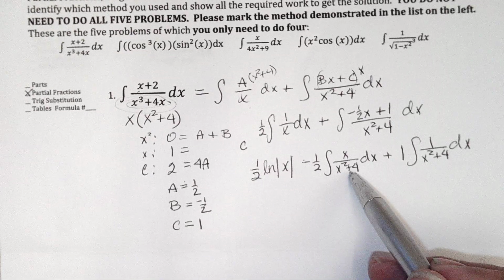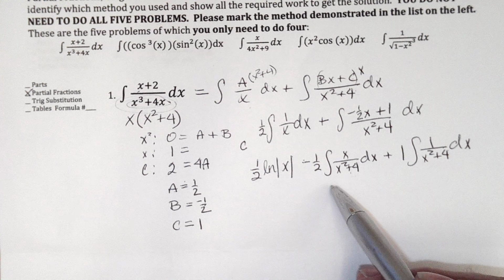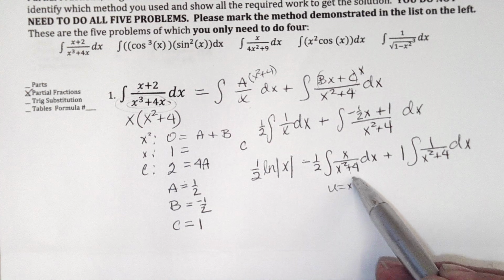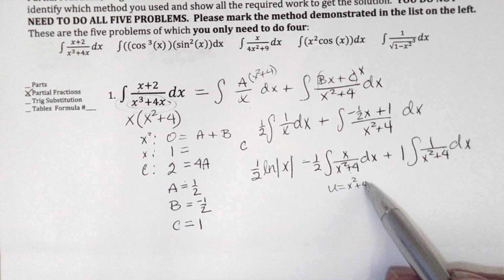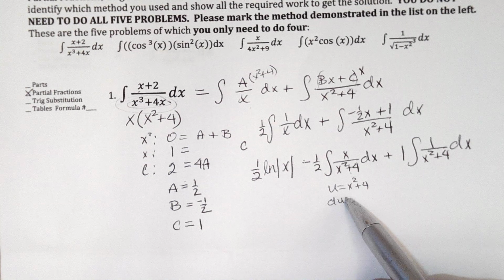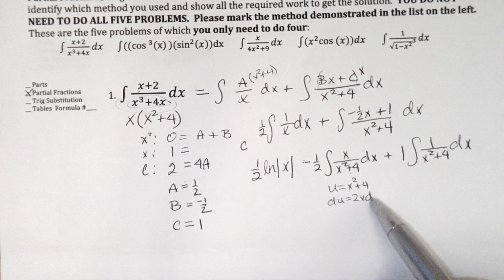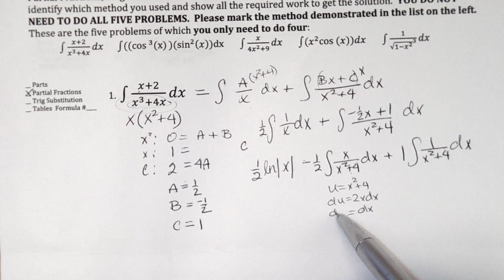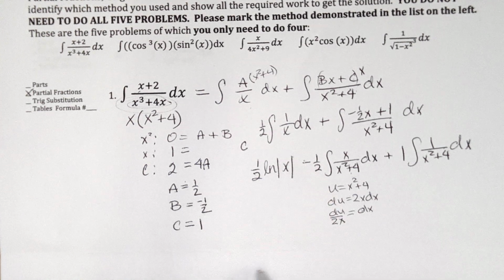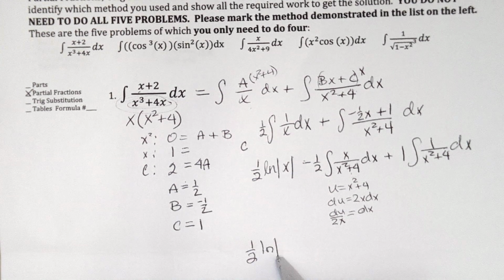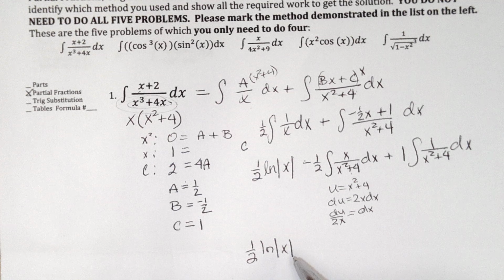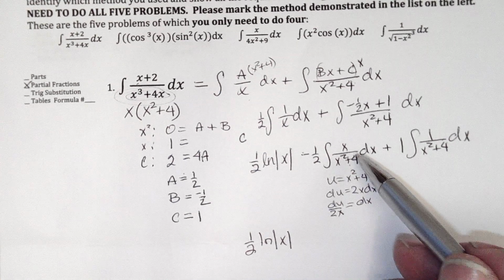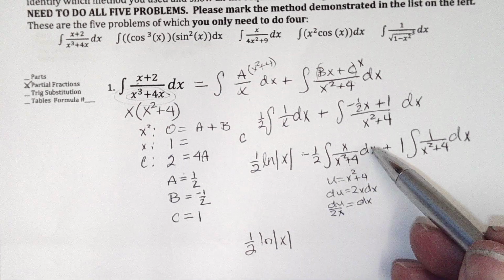This one is, if I let u equal x squared plus 4, du would be 2x dx. dx would be du divided by 2x. So we have the 1/2 ln absolute value of x, and I'm going to put this in place of the dx.